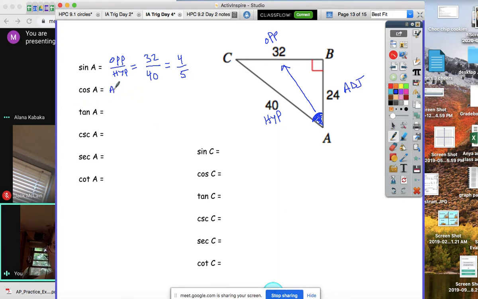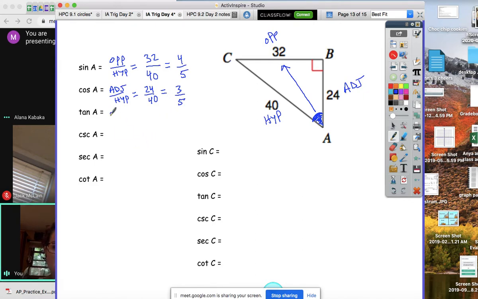Cosine is adjacent over hypotenuse. Again, I have it labeled, which is helpful. The adjacent side is 24 and the hypotenuse is 40, and that reduces as well to 3/5. So on the homework, you would type in 4/5 in the answer space, or you would type in 3/5.